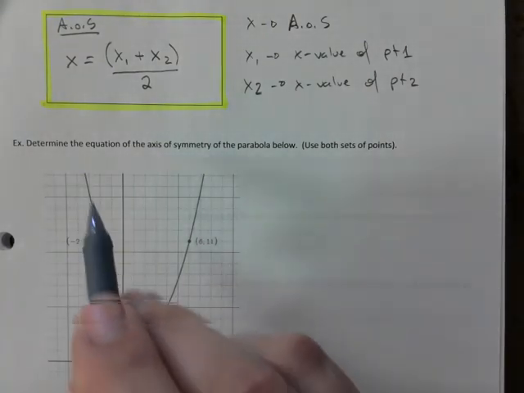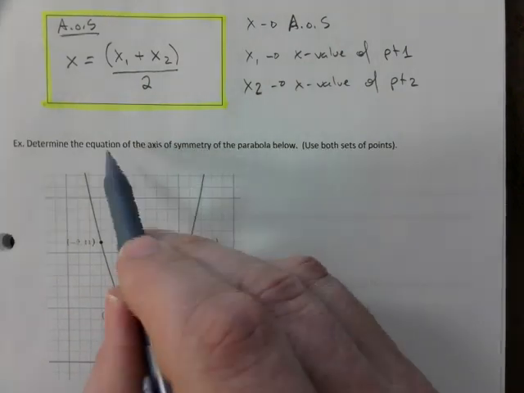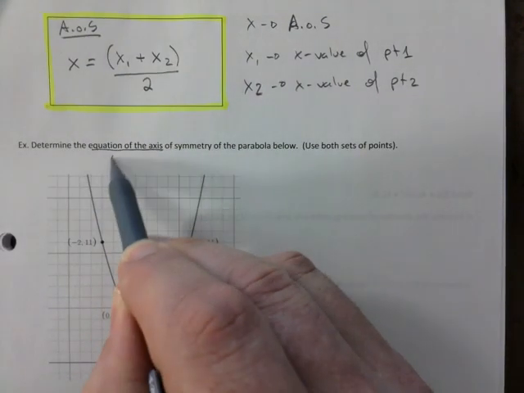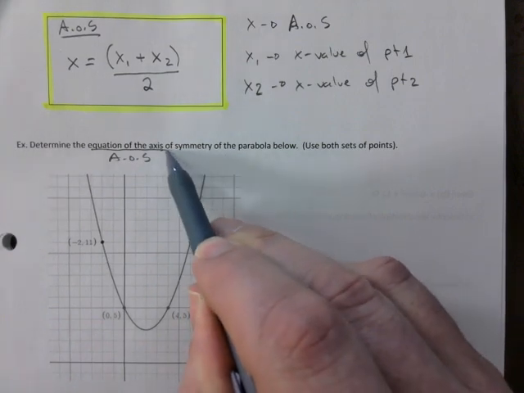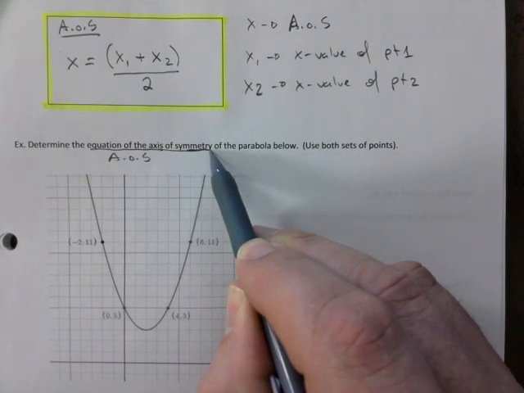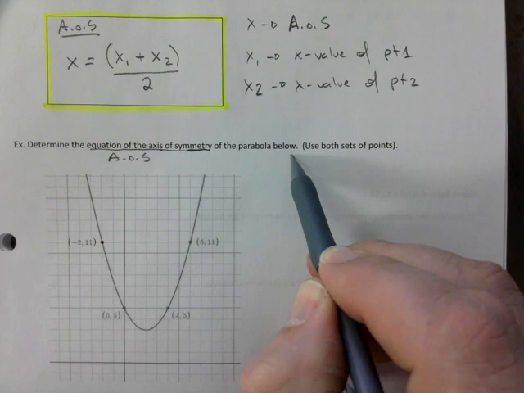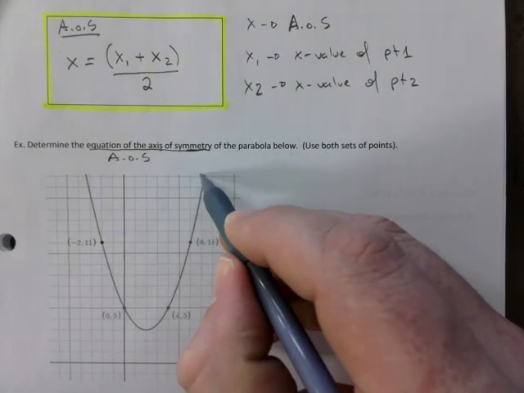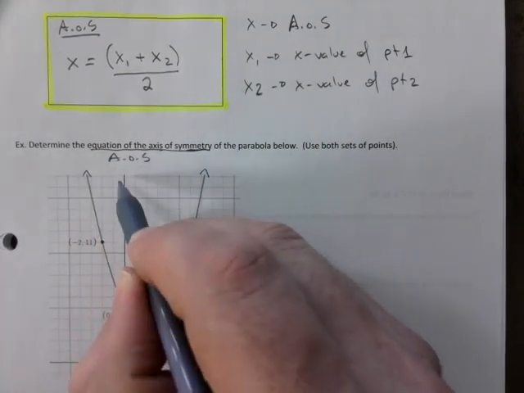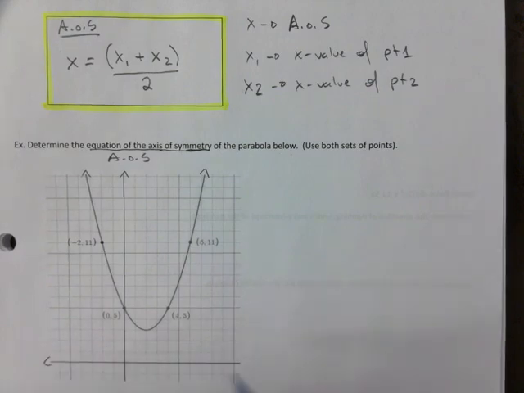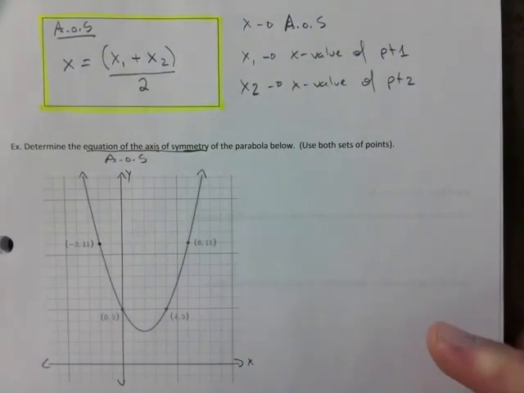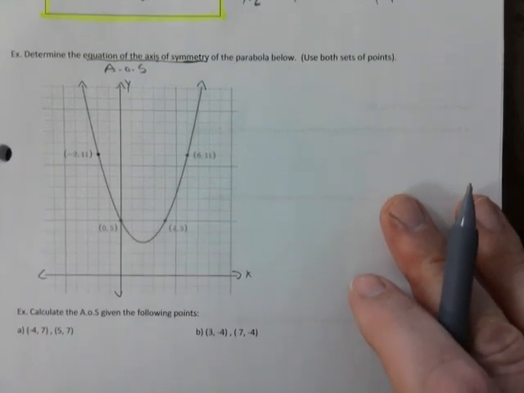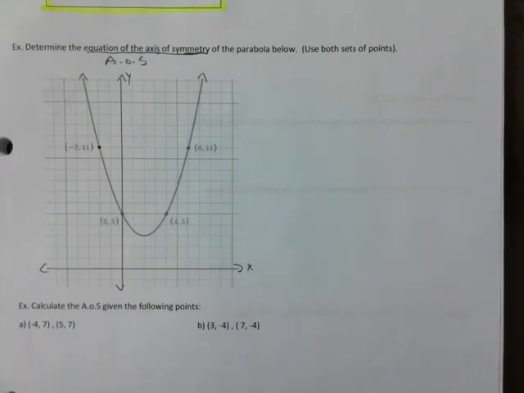So here's an example. Determine the equation of the axis of symmetry. Okay, they want the AOS. Sorry, I should have underlined symmetry as well, of the parabola below. Okay, so let's make sure we add arrowheads everywhere. Call it x, y, and there you have it.